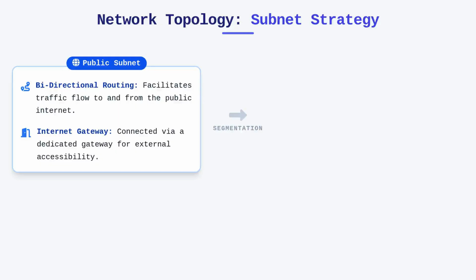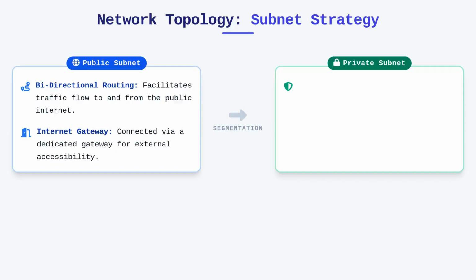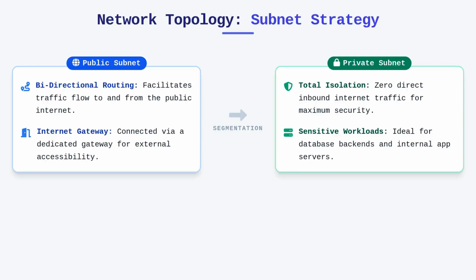Conversely, a private subnet remains entirely isolated from any direct inbound internet traffic, which is a significant advantage for security-sensitive workloads like database backends or internal application servers. By isolating these resources, you effectively reduce the attack surface, ensuring that only authorized traffic arrives through pre-configured load balancers or bastion hosts.